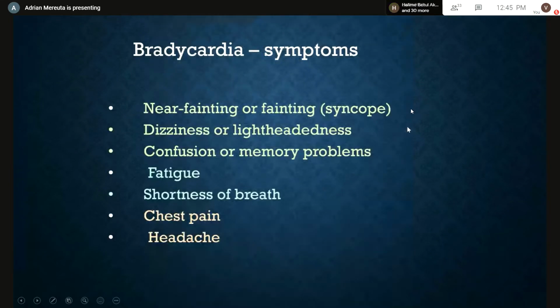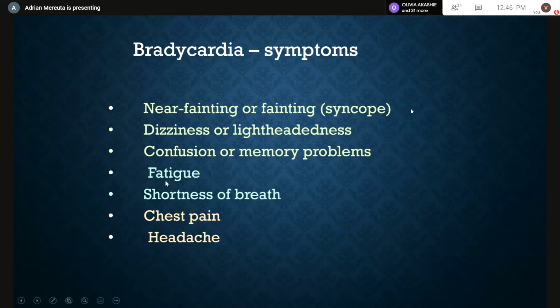If a patient has bradycardia, what problems can they have? You see, there can be symptoms related to cerebral ischemia, because if it's bradycardic, less blood will go to the whole body, including the brain. And this is syncope or, less than syncope, dizziness, or confusion or memory problems, which are not permanent and are solved after solving the problem.